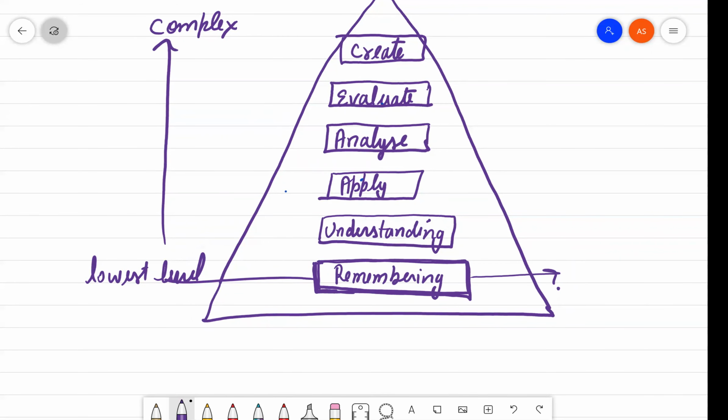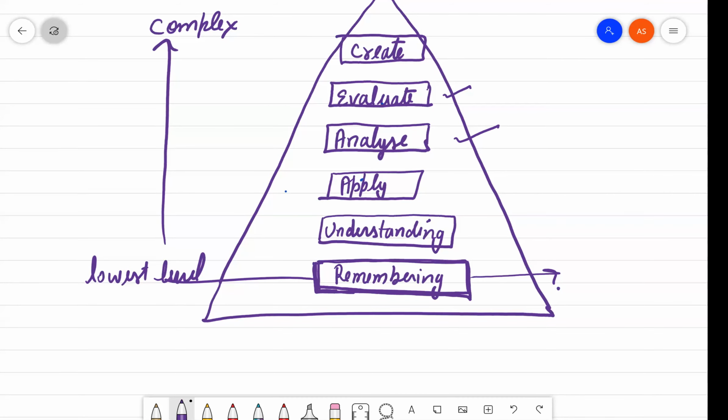it allows you to construct meaning and explain what is happening. In apply, after completing these two levels, whatever you have understood and remembered, you will apply the concept in problem solving. After problem solving, in the analysis part, you will analyze the problem, its various components and the relations among these components, and then evaluate.